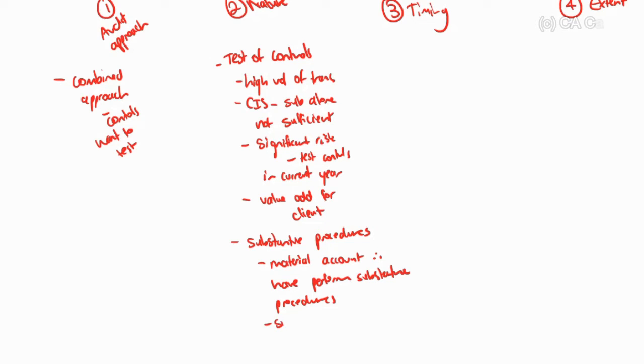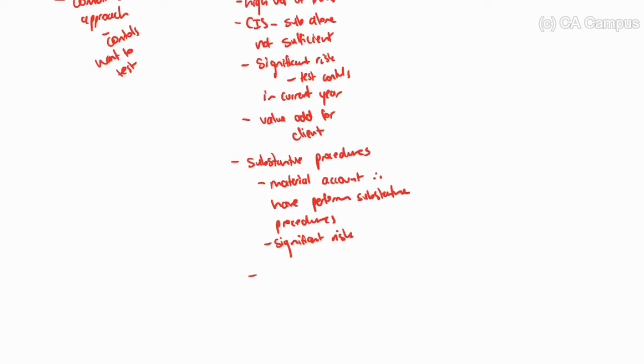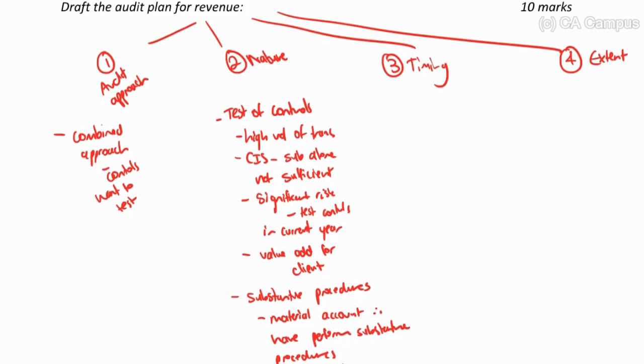And it appears to have a significant risk. I need to justify the type of substantive, so I will say I will perform analytical and test of detail. So I've now given the nature of the combined approach procedures.